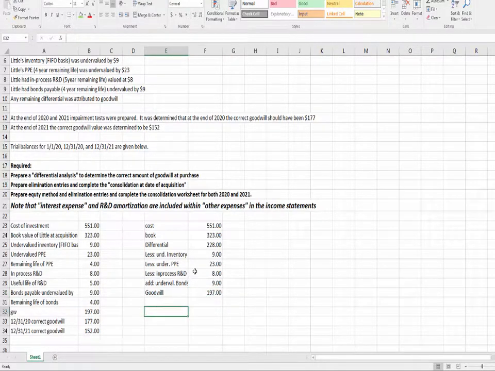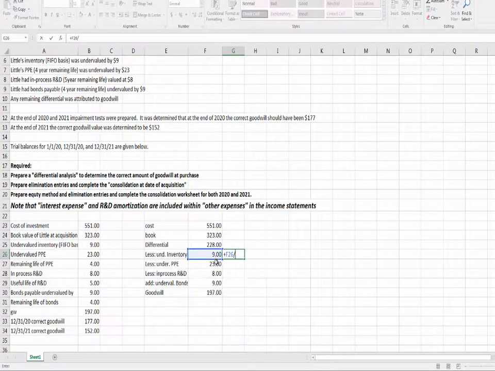Okay, so let's go ahead and get our amortization schedule while we're at it. Now the inventory is going to be all written off in 1 year. So that's going to be amortized $9. The property, plant, equipment, that's $23. That has a remaining life of 4 years. So $23 spread over 4 years, $5.75.